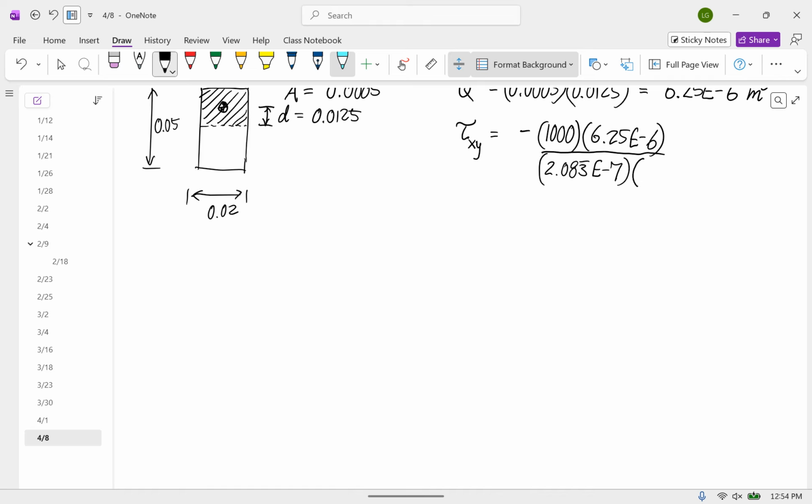And our base is 0.02. And so the biggest absolute value of shear stress we could get is negative 1.5 times 10 to the 6.